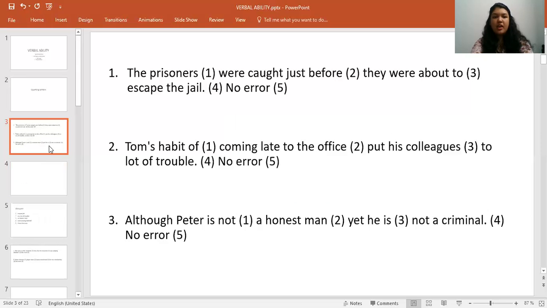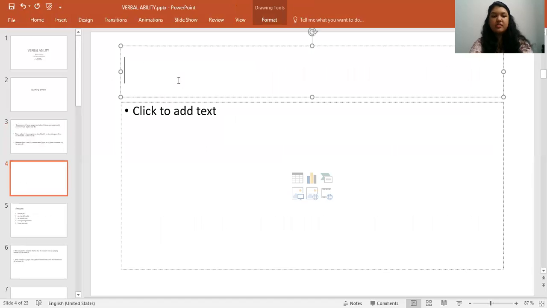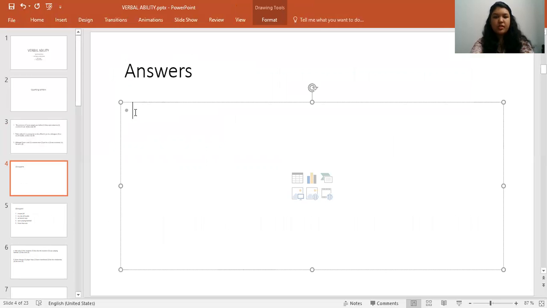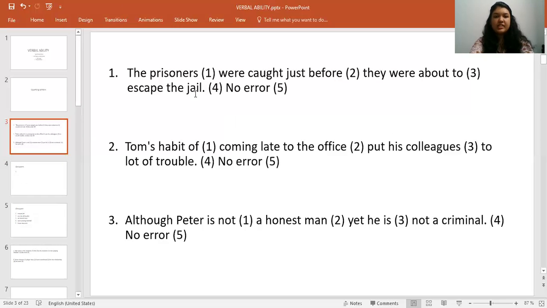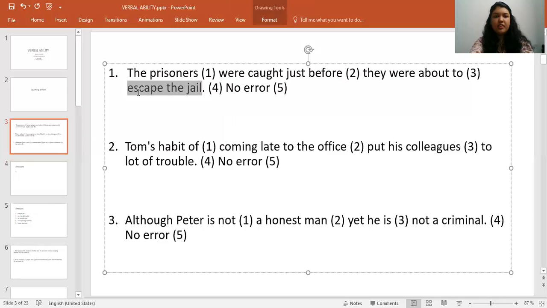So in this case, the first sentence, the mistake is escape the jail. Here, the sentence does not require the.